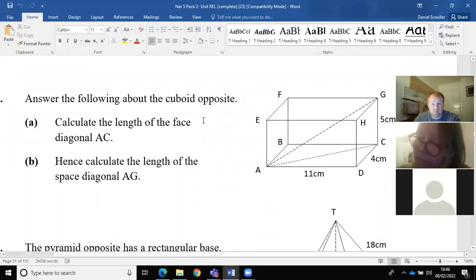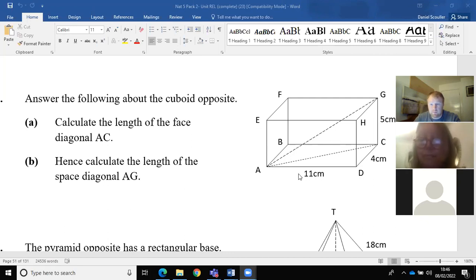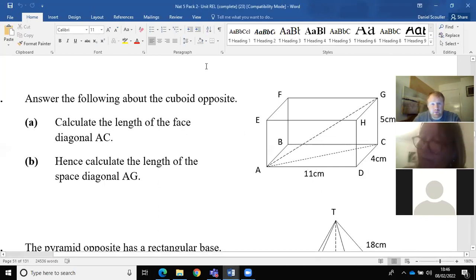Can I just ask a quick question about that? How would you know whether or not to use the 5? Is it because the 11 and the 4 are along that line A to C? Yes. So you're essentially turning that face into a 2D. This is what's hard about the 3D shape ones, it's trying to pick up exactly the face that they're talking about. We know C is on that back corner, on the bottom of that shape.